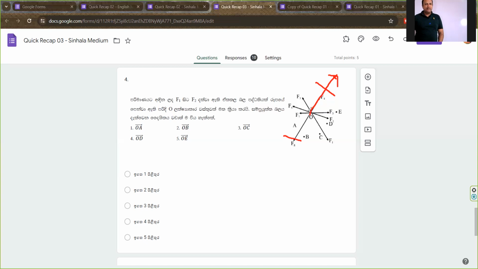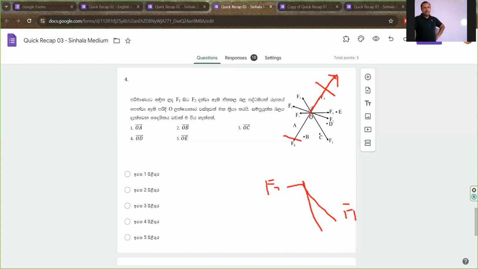Then there will be only two forces. One is a very small force, F7. The other one is a very large force, F1. Therefore, definitely the resultant should be very close to F1, because it is the large force.